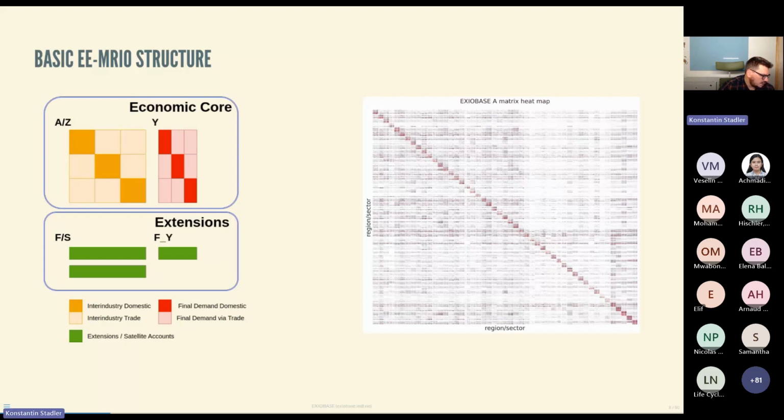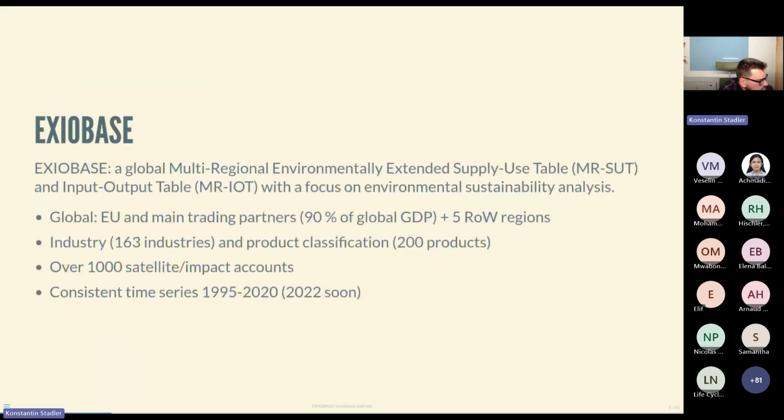Yeah, Exiobase is one of the very few actually environmentally extended global multi-regional supply and use tables. We have two separate tables here. We have supply use tables, and from these we can then calculate the input-output tables. For Exiobase, we cover the European Union and its main trading partners.